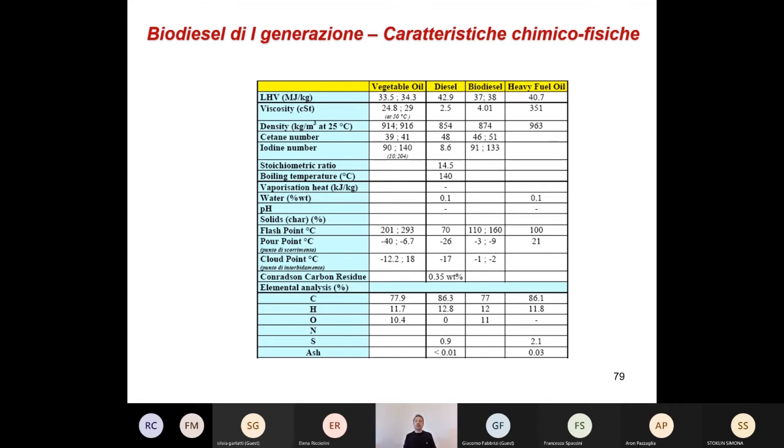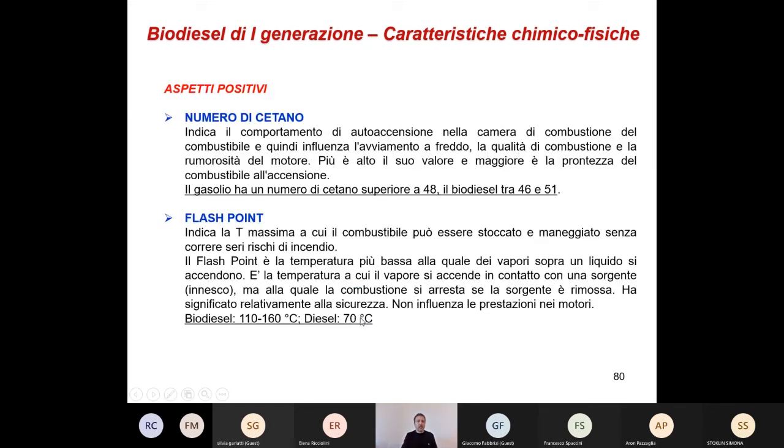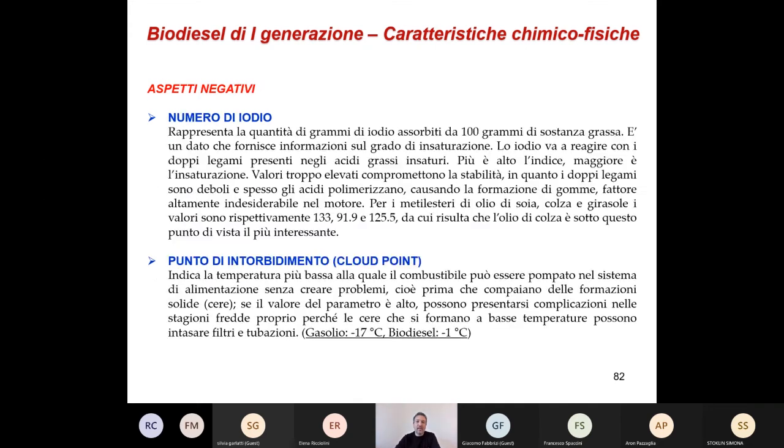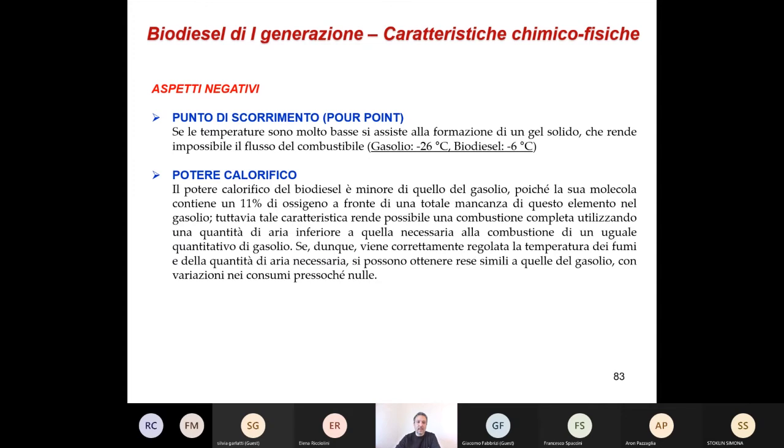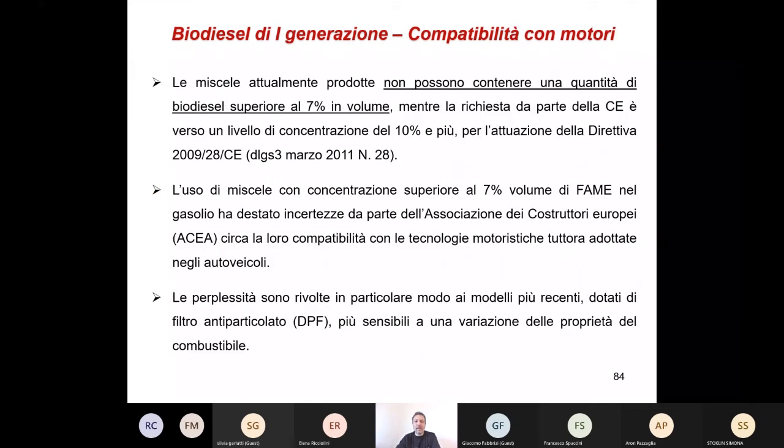I don't have time to go into detail on the other characteristics. These are the main characteristics that you need to appreciate the whole energy observation we will do. So here you can see the famous 7% that now can be used for biodiesel mixed with diesel. Of course, as I said to you, we can move towards 10-20% without technical problems.